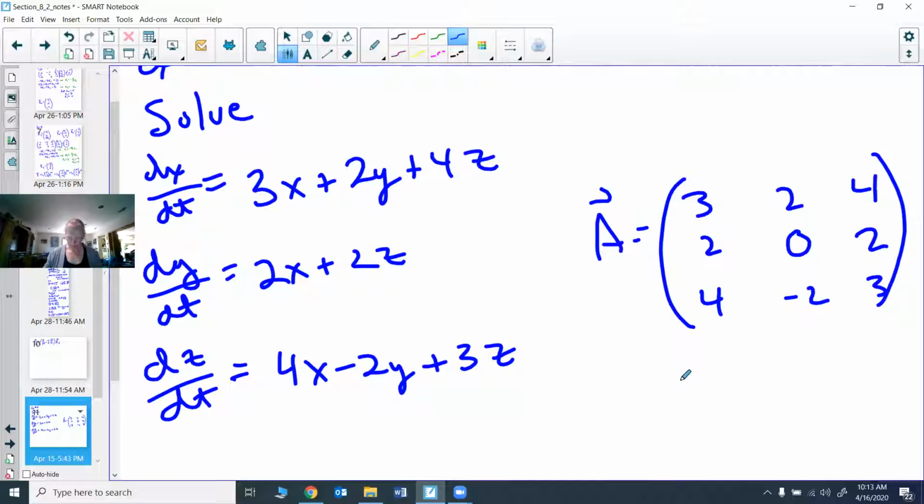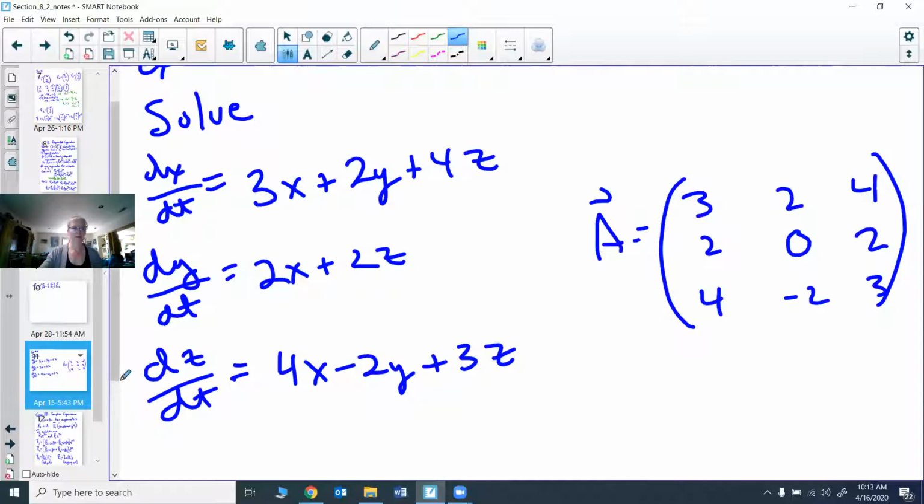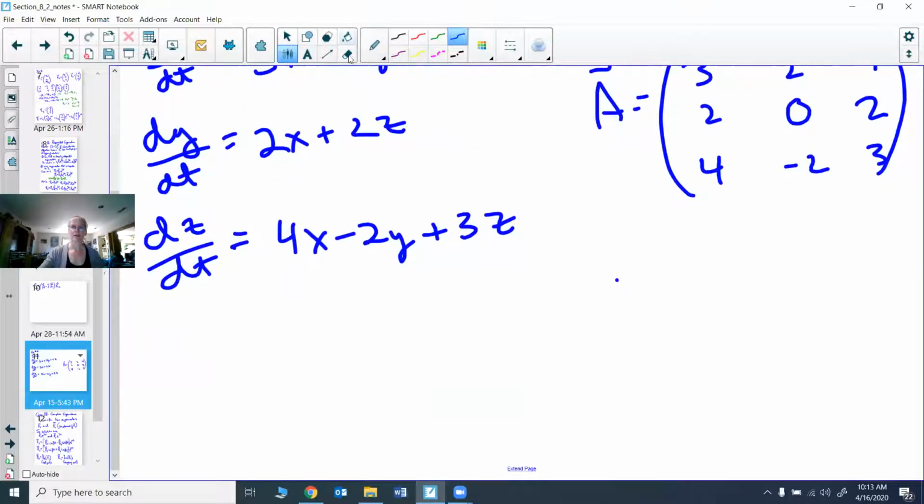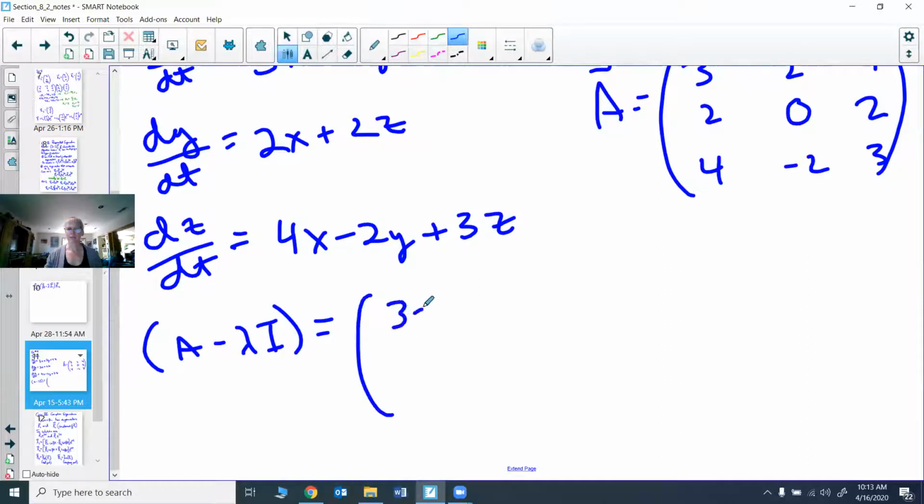All right, so now that I've done that, I can go ahead and do my A minus lambda I. So we're going to do the exact same thing we've always done. A minus lambda I, that's the process we do no matter what kind of solutions you have. And again, that means we subtract lambda off the diagonal.